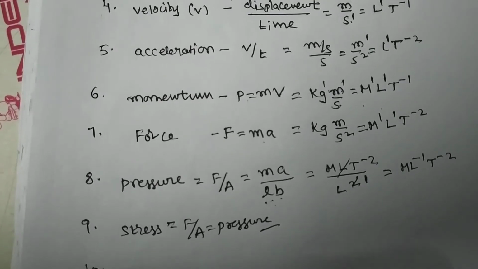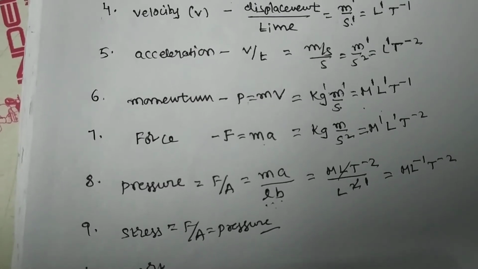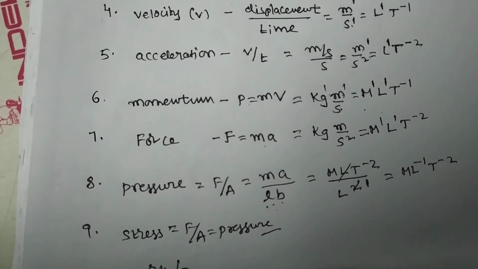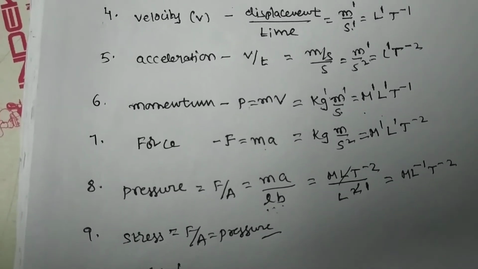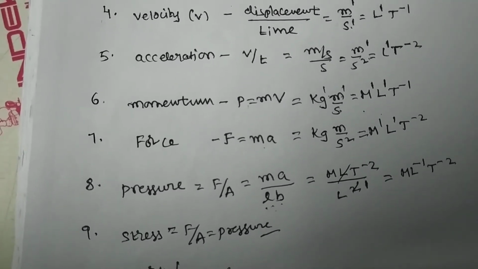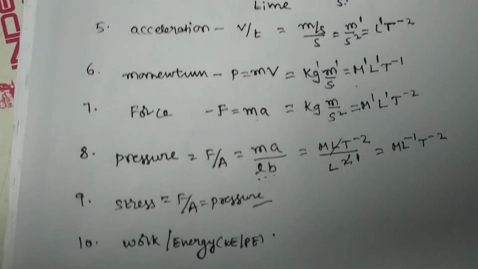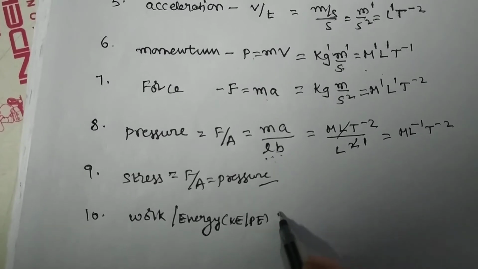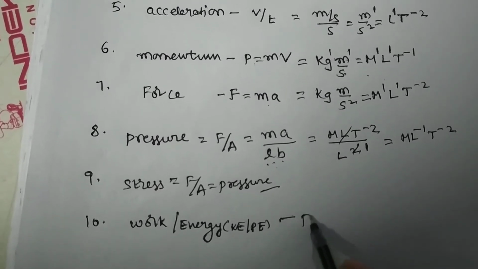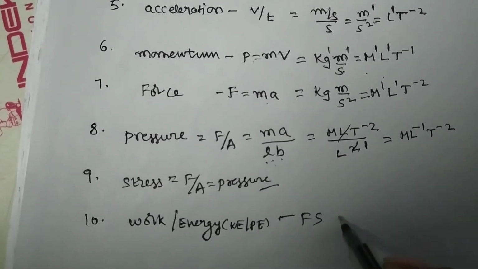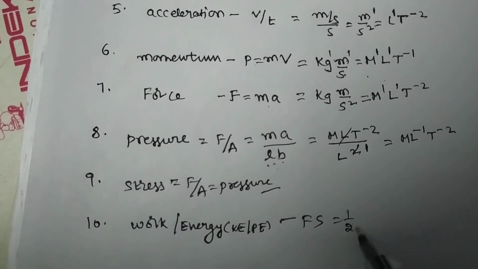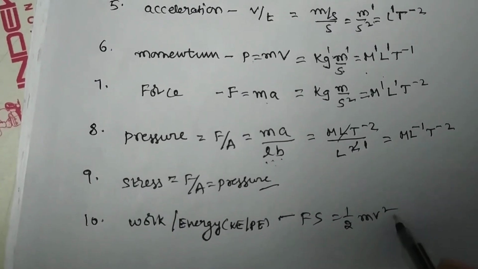Next, work or energy, either kinetic energy or potential energy, will have the same units. Work is nothing but force multiplied with displacement, or kinetic energy is nothing but half m v square.